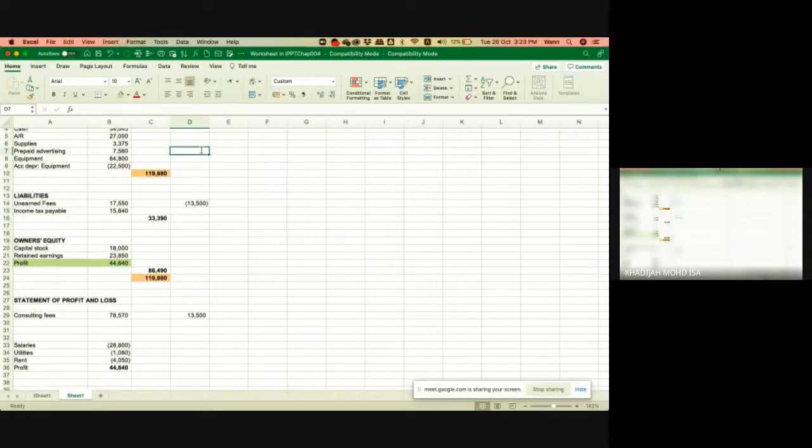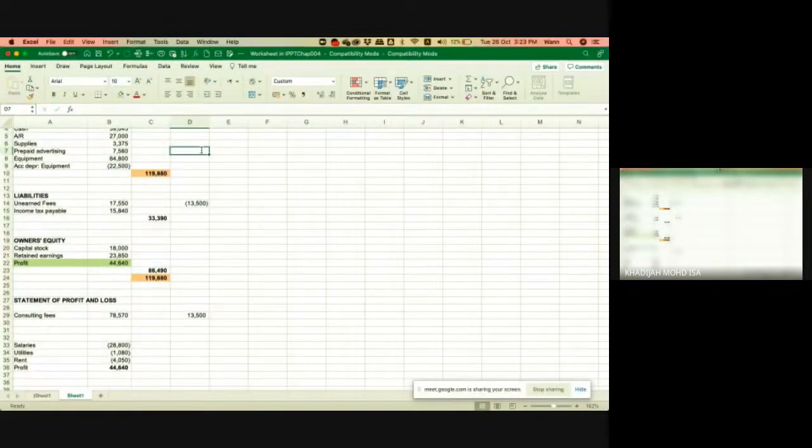7,560. So this is September, October, November, December, January, February, March. So you have that 7,560 over a 3 months period, January, February, and March. Right, so you're going to reduce by 2,520. 7,560 is for January, February, and March. So that's for 3 months.